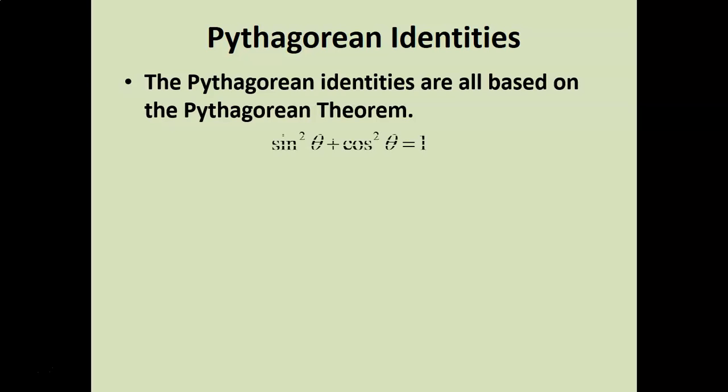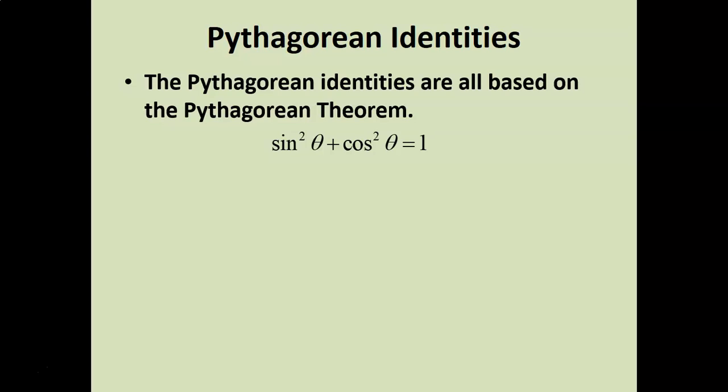And that's why they got their name, and it's that sine squared plus cosine squared is equal to 1. In other words, the y-coordinate squared plus the x-coordinate squared is going to equal the radius squared. And the radius in the unit circle is always 1. So taking that concept of the unit circle and applying the Pythagorean theorem, we get this concept that sine squared plus cosine squared equals 1.